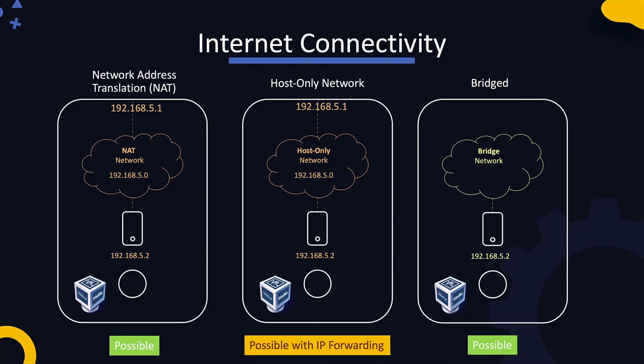This is by default disabled on our laptops. Most laptops have that functionality. So enabling the IP forwarding feature essentially makes our laptop a router, a router that can route traffic from one network to another. Now, if you think about it, you don't really have to do that if all you need is to establish internet connectivity for the VMs.